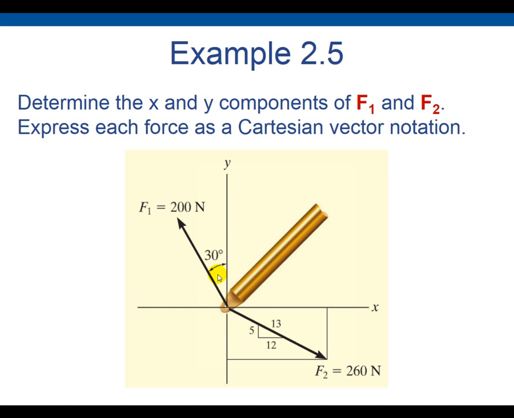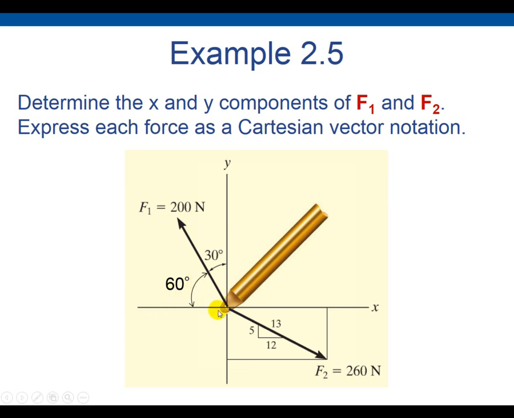For the x-axis direction, you can see F1 is directing the negative x-axis, and there is an angle 30 degrees along with the y-axis. So F1 can be expressed as 200 Newton times cosine 60 degree. This is the 60 degree.